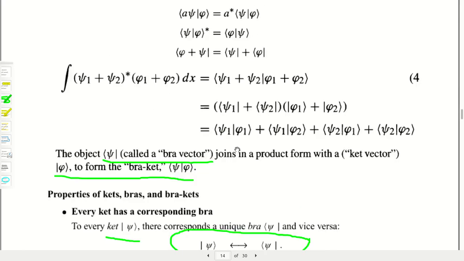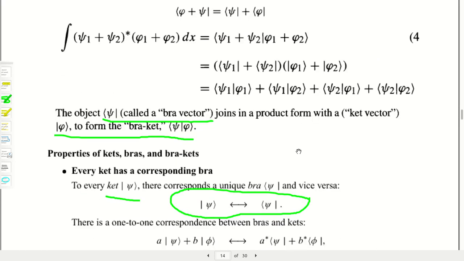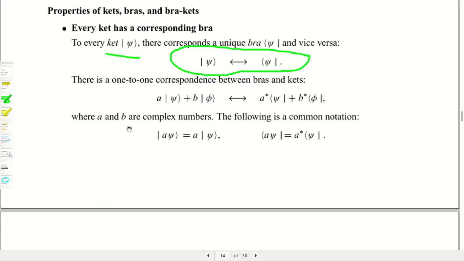It is checked by this integration, you can check this formula, all the formulas written over here can be checked. Okay, so these two relations are very interesting.